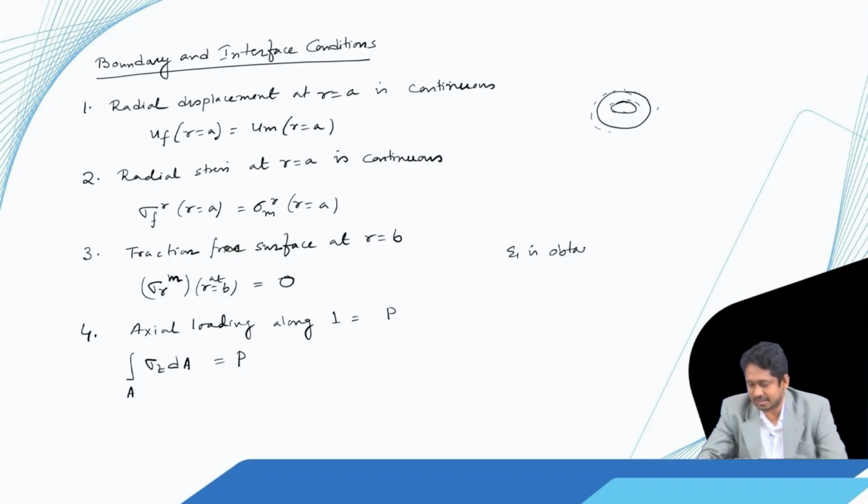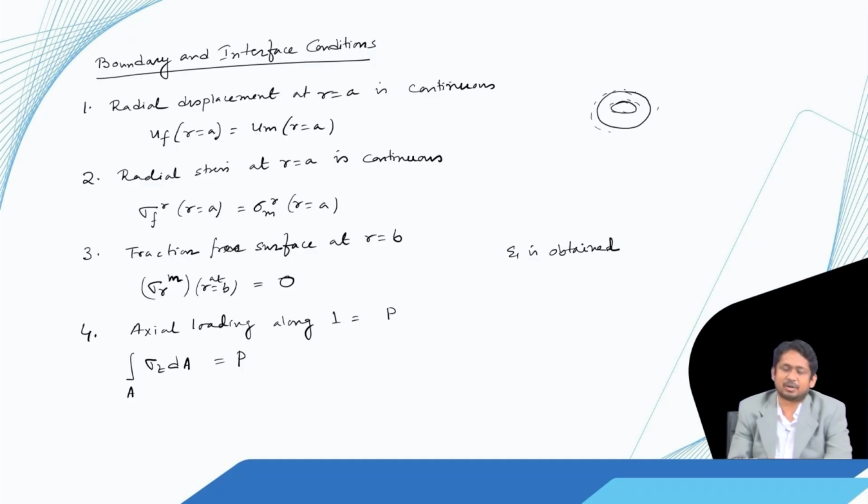By this process we will get the other terms also, A_m, B_m and A_f, and that helps us finding out u, but here our interest is on epsilon_1.